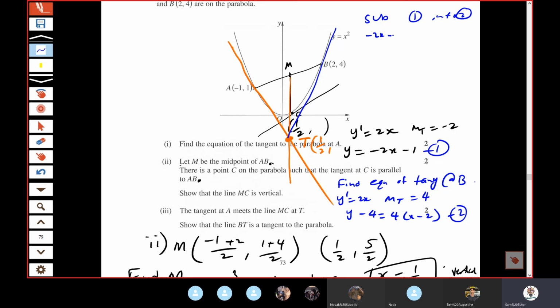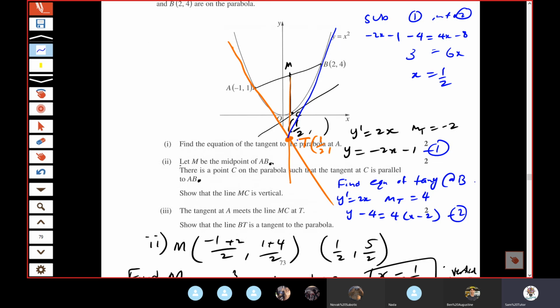Negative 2x minus 1, sub y into here, minus 4 equals 4x minus 8. Minus 4 minus 1 plus 8 is... minus 1 is... wait, that's minus 5. Minus 5 plus 8 is 3. 4 plus 2 is 6. And therefore x equals a half.